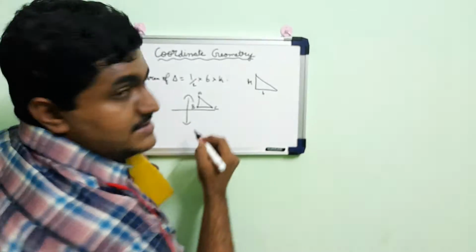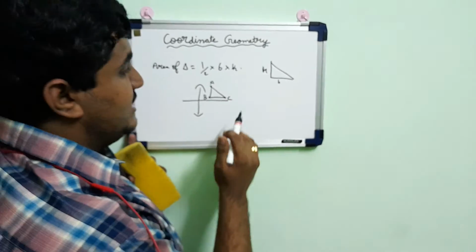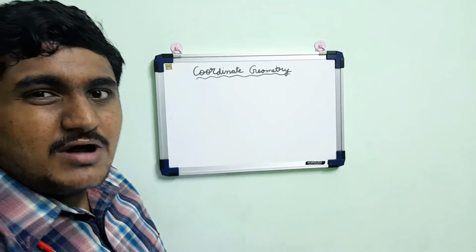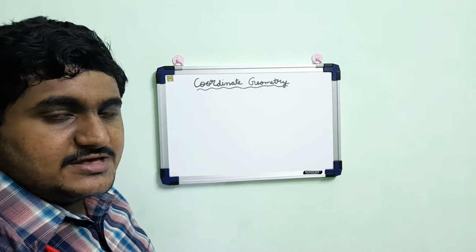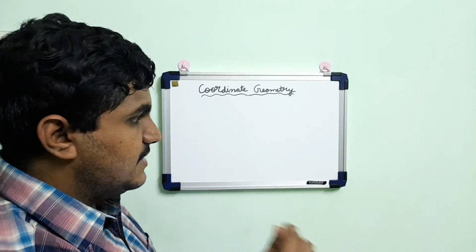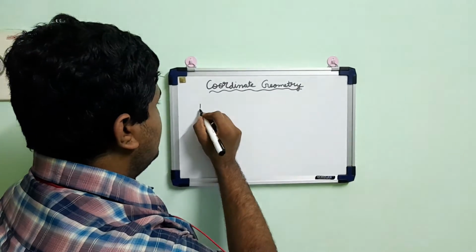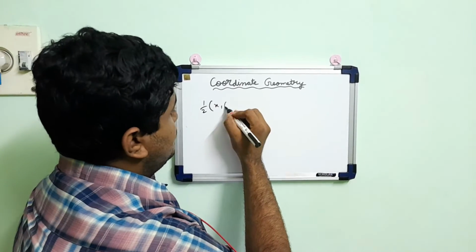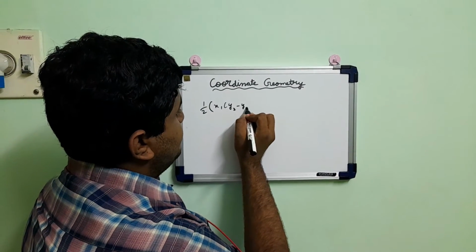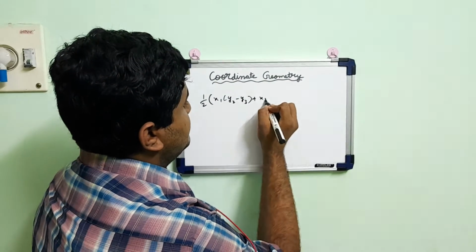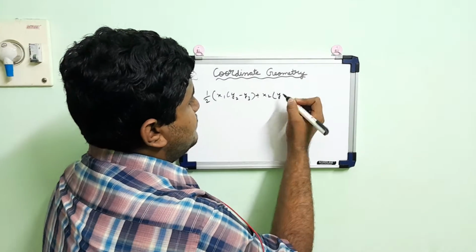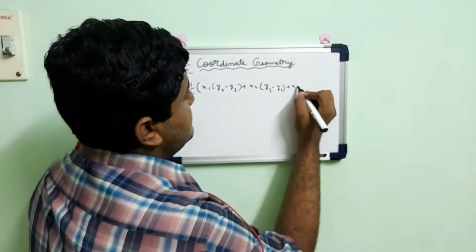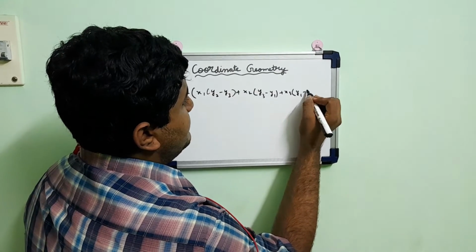Now we will see about the area of the triangle. For finding the area of the triangle in coordinate geometry, a special formula is given, derived using the half into base into height formula. The formula is half into [x1 into (y2 minus y3) plus x2 into (y3 minus y1) plus x3 into (y1 minus y2)].